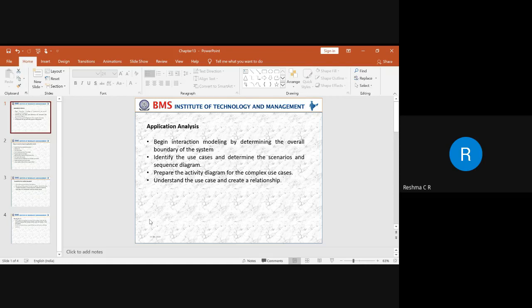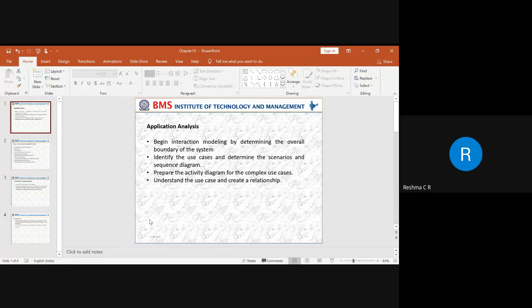And the next thing is, if we are using the use case diagram, we need to identify the different use cases that we are using, and we need to create a relationship. How are we going to create a relationship with respect to a particular use case? We are trying to identify the different actors.